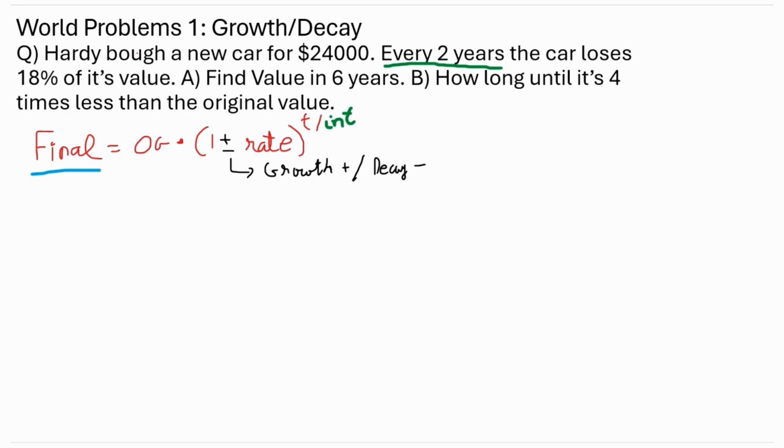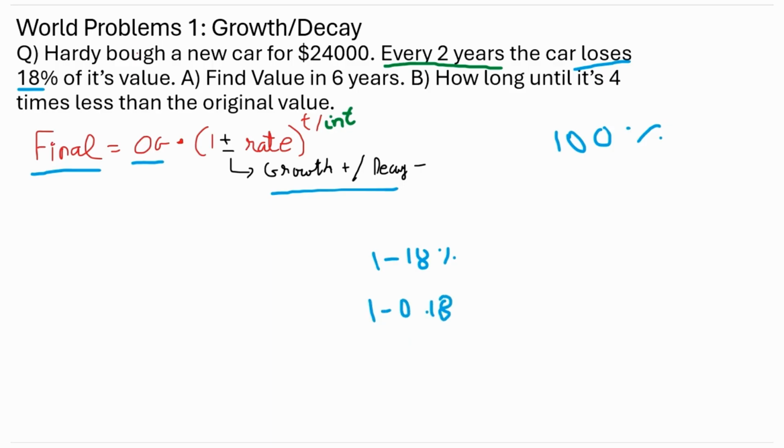Your final amount is your original amount times 1, which is equal to 100%, plus or minus your rate depending on growth or decay. In this case it loses 18%, so it's a decay, so it's 1 minus 18%, or 1 minus 0.18.